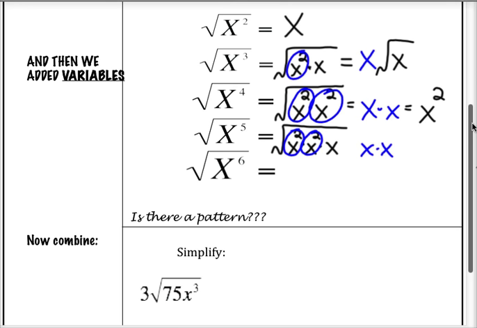Each x squared just comes out as an x. And then we have that last x that does not have a squared on it, so it cannot pull out. So on the outside, x times x still gives us x squared, but now we have that additional x that's still left inside the square root that we have to leave there.